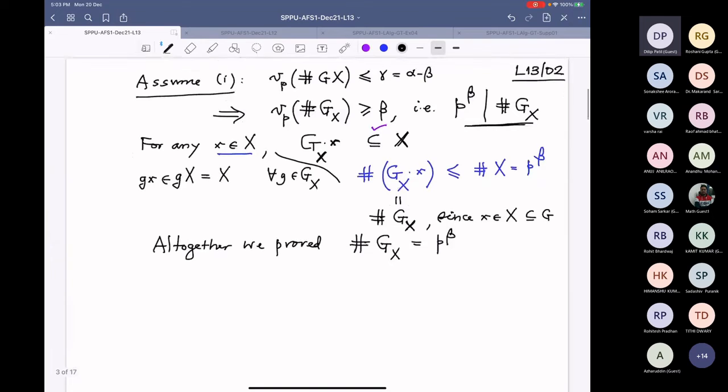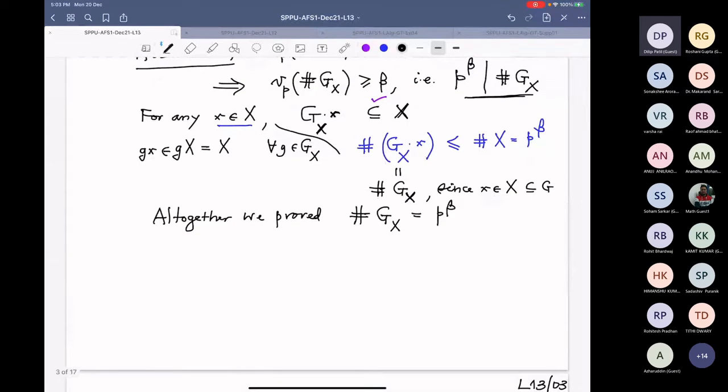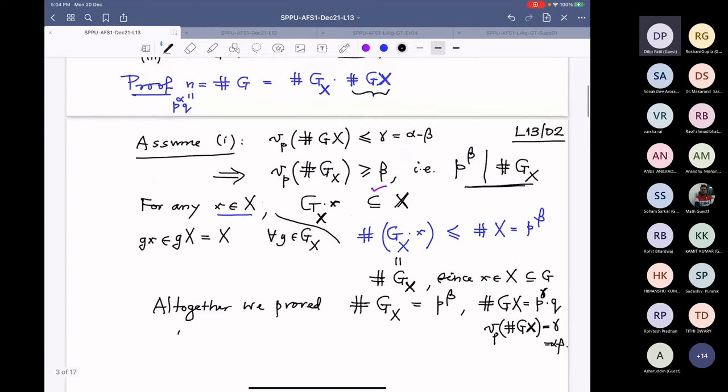If I prove the cardinality of the isotropy is P power beta, then we know the cardinality of the orbit will be equal to P power gamma times Q. And therefore, Vp of the cardinality of the orbit of x will be actually equal to gamma, which is alpha minus beta. So we proved 1 implies 2.